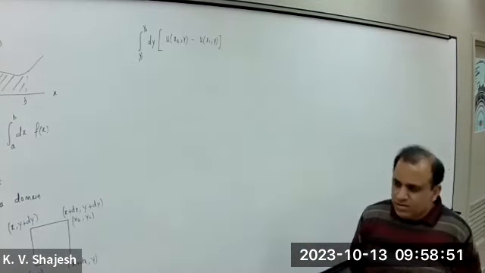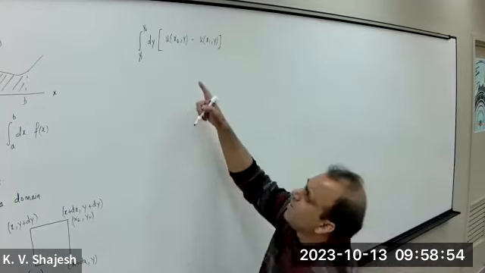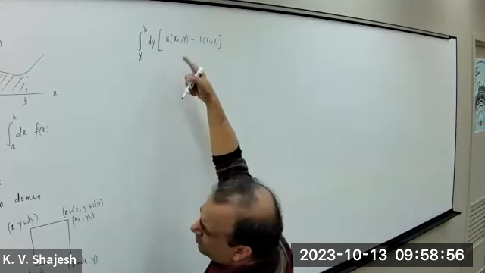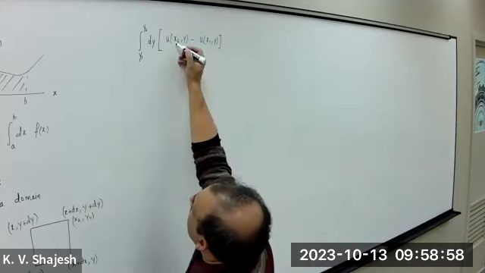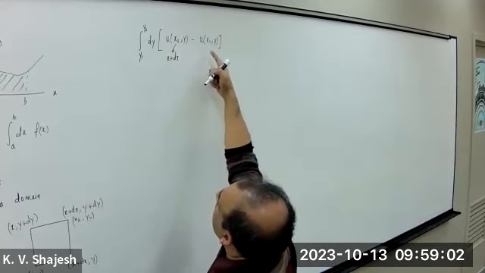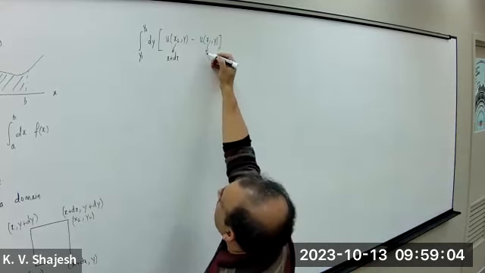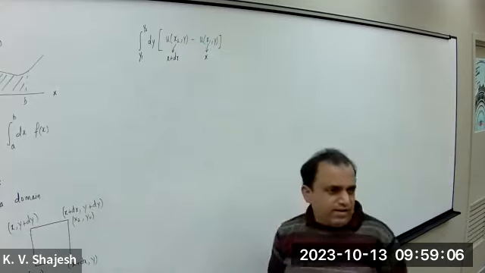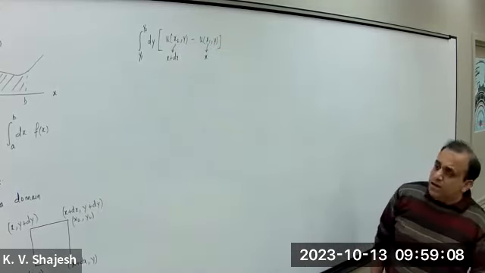That's it. And x2, remember, is x plus dx, and this is simply x. That's just a short form for that.